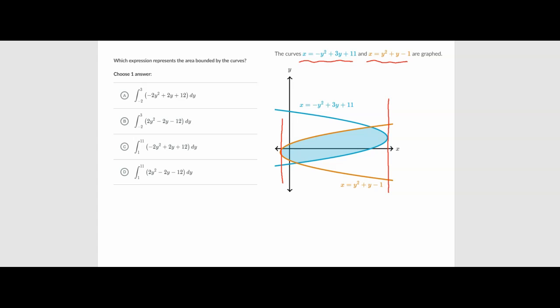We'd figure out top versus bottom, etc. Here, though, the left endpoint would be the leftmost x value of the orange curve, right? Or if you thought about it in terms of y, it would be the minimum x value, right? For the blue curve, it's actually going to be the maximum x value.